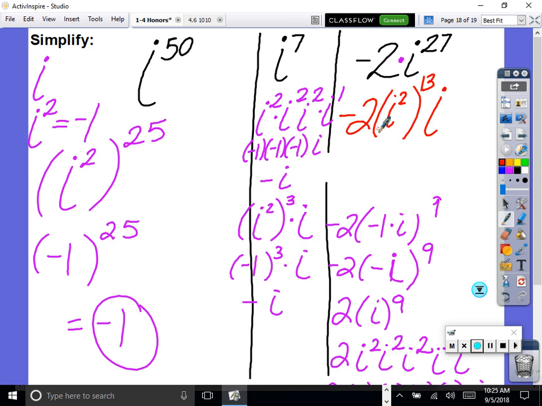Because then we would have had -2 times -1 to the 13th times i. And then a negative to the odd is negative, and a negative times a negative makes it positive. So we'd have positive 2i. Many correct ways. You just get better at it as you practice.